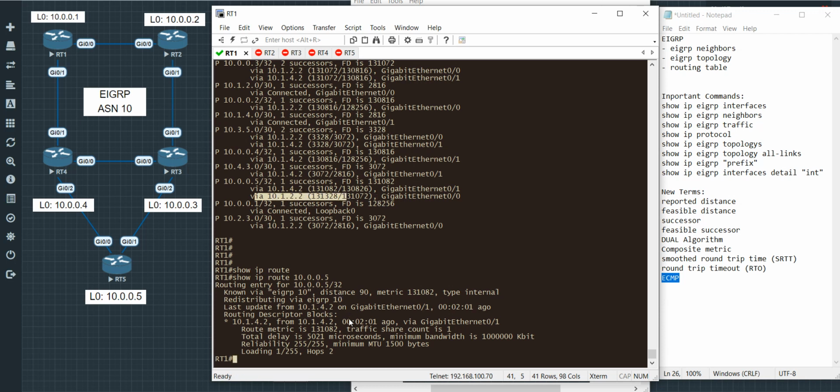And so now if we were to lose this particular route, it will immediately insert this second route into the routing table and not have to run through its whole calculations to find, okay, what other route can become a successor, because now we have configured it so that this is the successor and now this is the feasible successor.